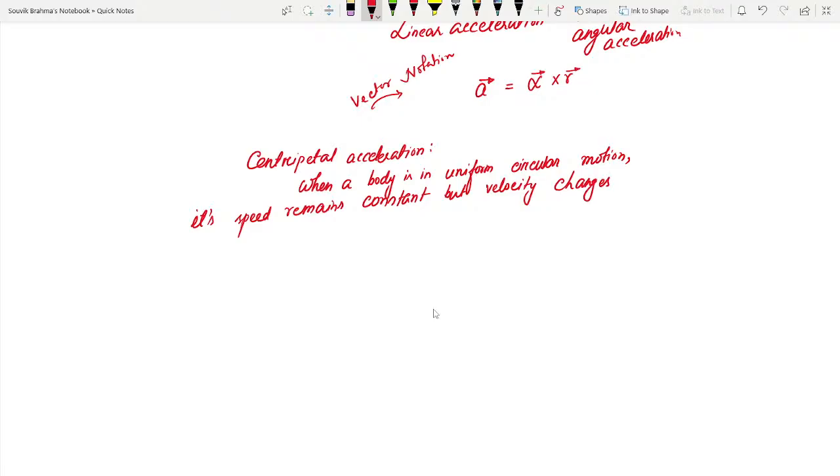The velocity changes continuously due to the change of its direction.